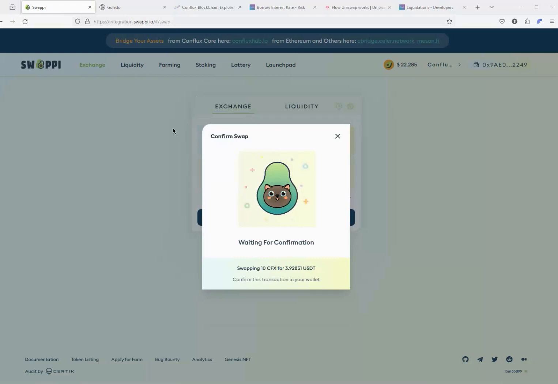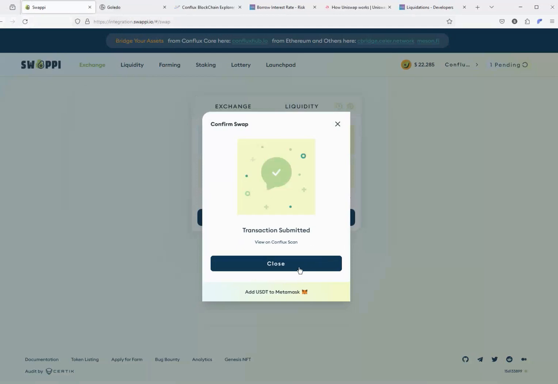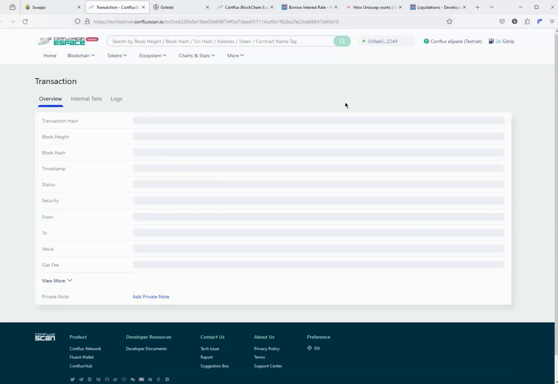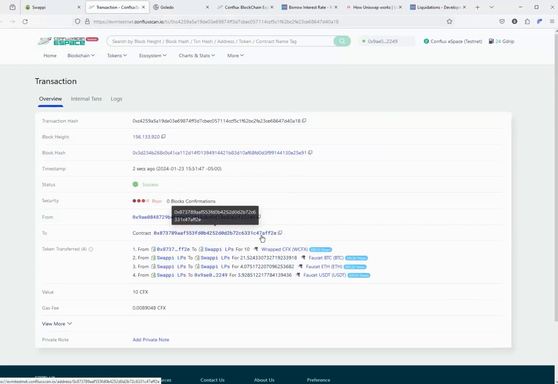If I click confirm, the transaction is submitted. If we see the transaction details and the token transferred, that's in practice.